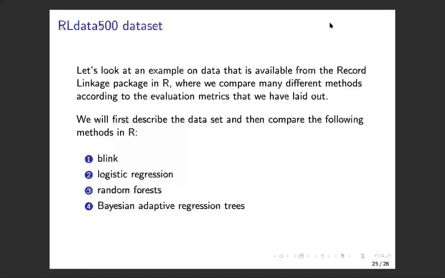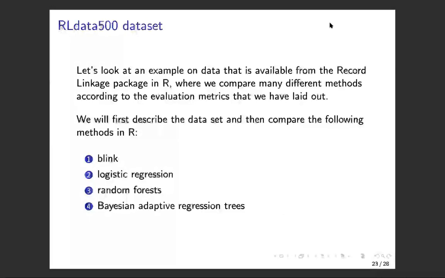So I'm going to look at an example on some synthetic data that's available in the record linkage package in R. It's also available in the Blink package on CRAN in R. And I'm going to compare this to many different methods according to the evaluation metrics that I've just laid out.